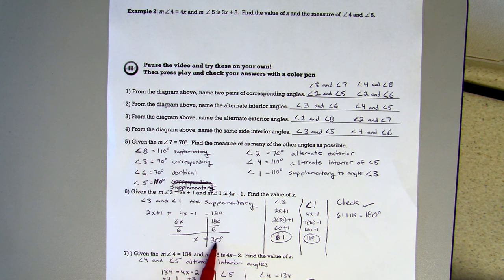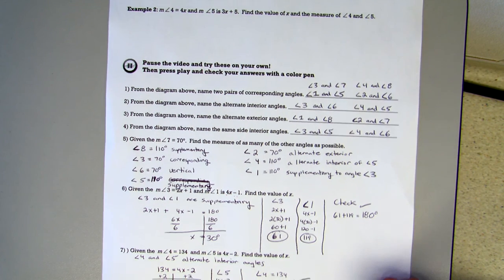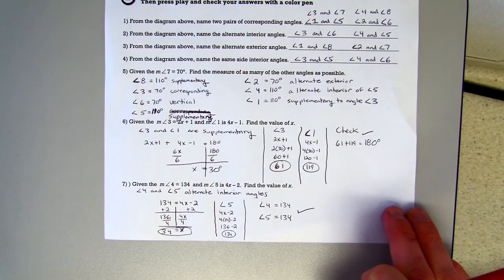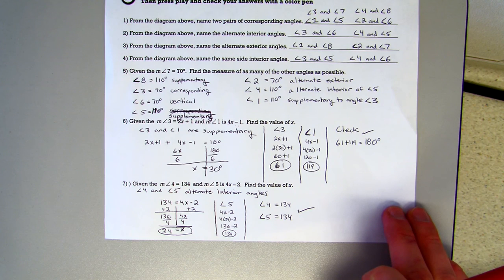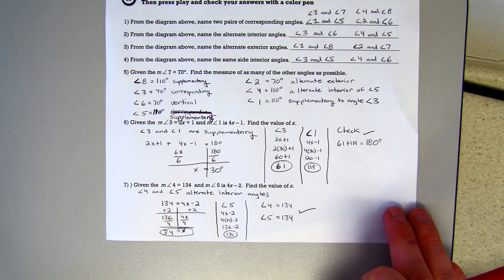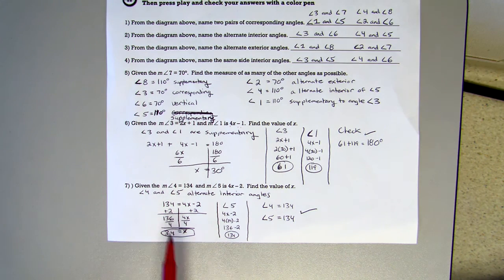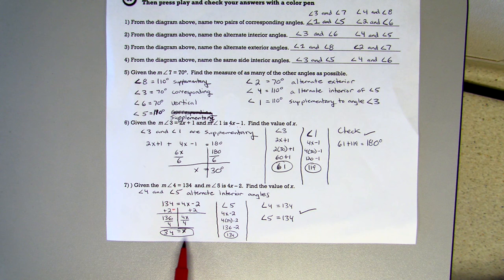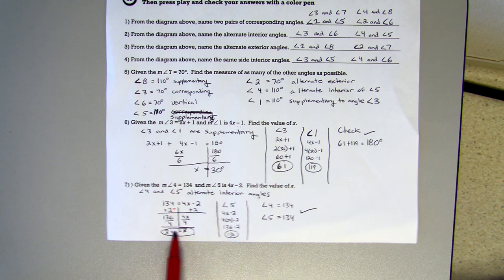Found an x value of 30, giving me angle 3 is 61 and angle 1 is 119. Yes, it does check out. And then lastly we had measurement of angle 4 and measurement of angle 5. I said that these are alternate interior angles, and I know that those are equal. So I went ahead and created my equation to make the two angles equal, and I got an x value of 34. I went ahead and checked just to make sure that they were both 134 by plugging it in.